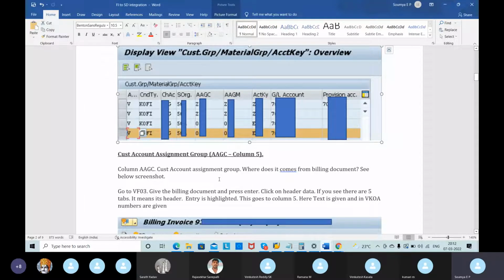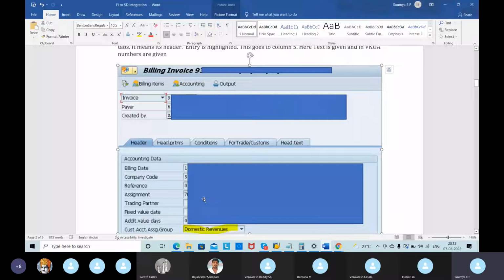For the billing document, go to VF03, give the billing document and press enter. Click on the header data. If you see there are 5 tabs, that means it is a header. The highlighted entry goes to column 5.